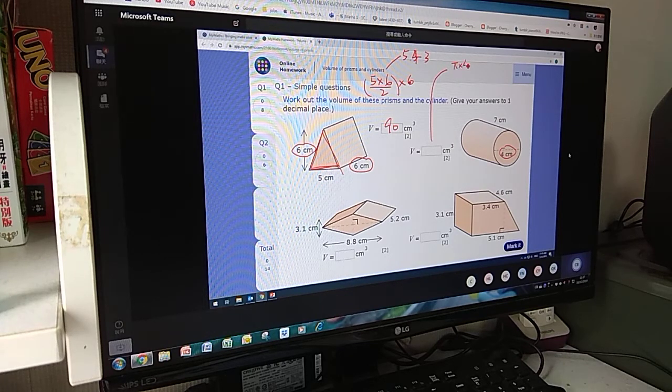Okay, then the area of the circle will be equal to pi times 4 square over 4. This is the area of the circle, and then we multiply this number by 7, and it will be the volume of the cylinder. So the answer will be 88.0. Okay.